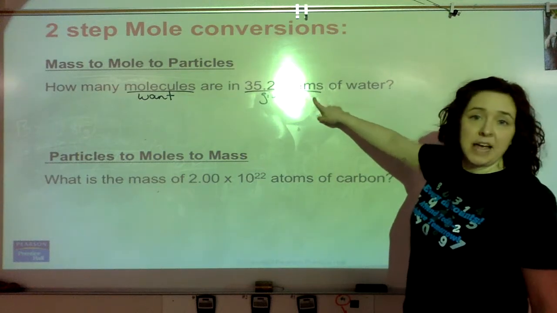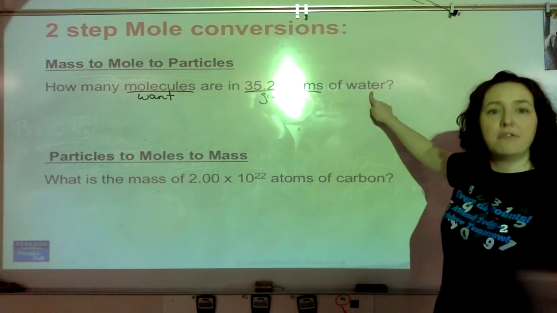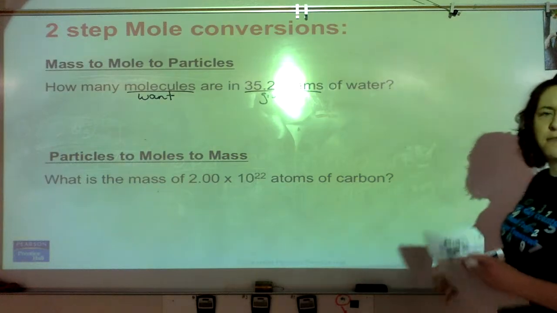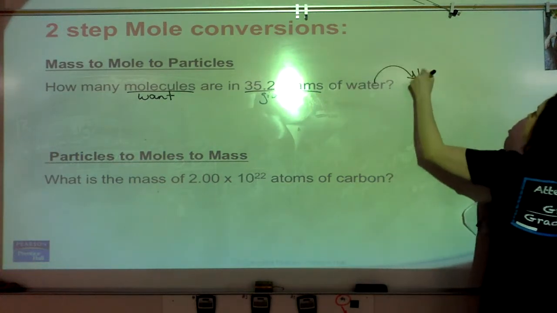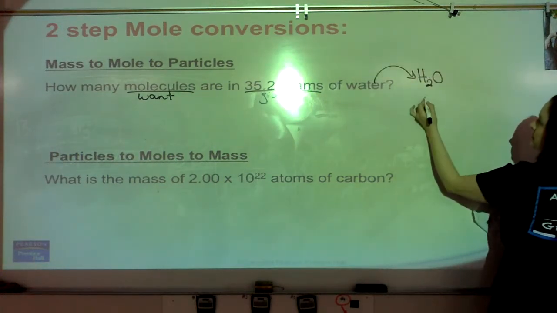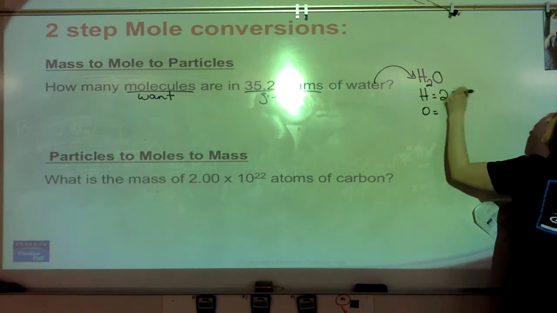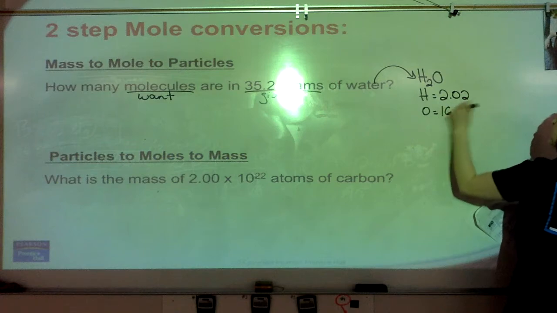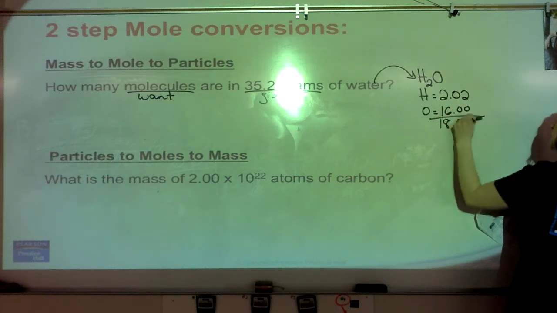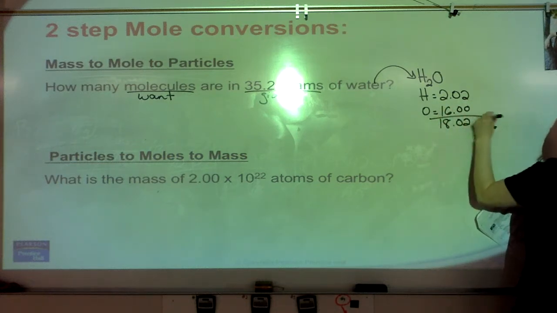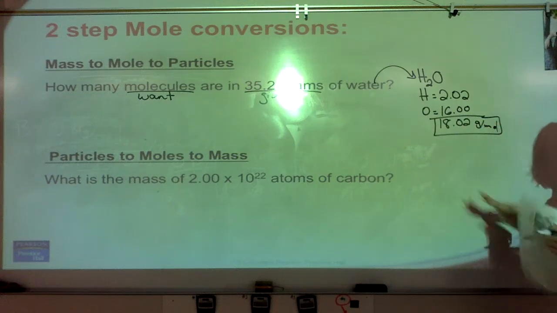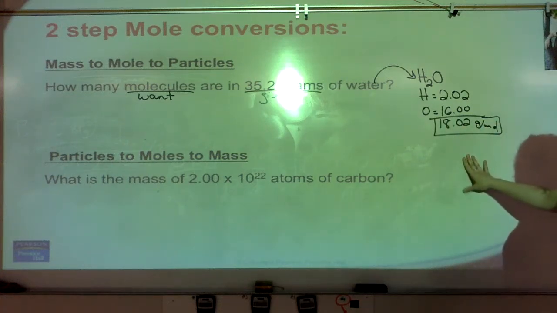Because I have grams, I know I'm going to need the molar mass of water eventually. So I'm going to go ahead and do that first. Okay, so there's the molar mass of water. I'm going to need that later.